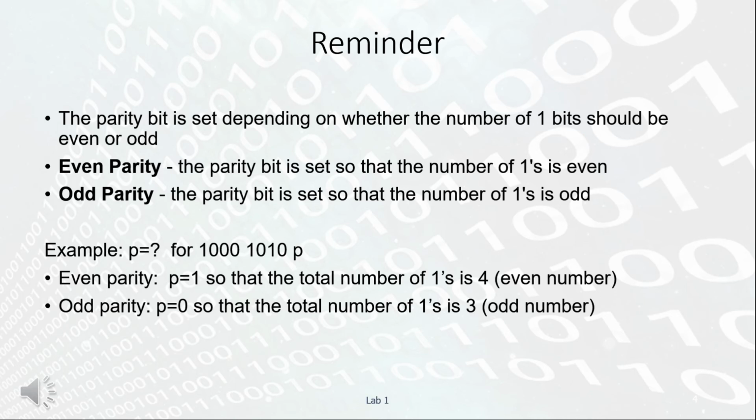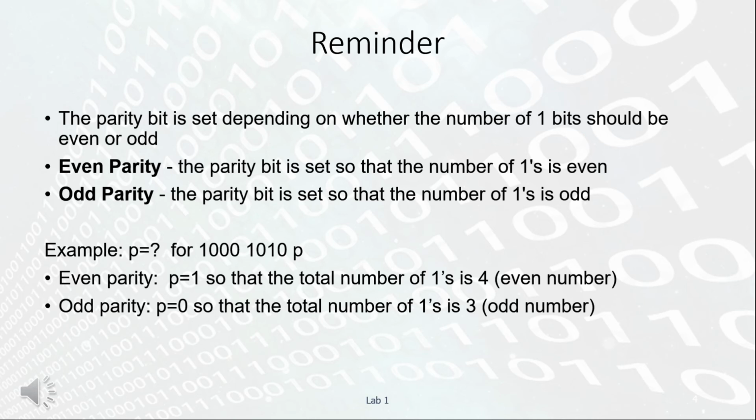For example, if there was 1, 1, 1, 0, so you'd have 3 ones, then the parity bit is set to 1 for even parity, so that you have an even number of ones, or it would be set to 0 to keep the number of ones odd.